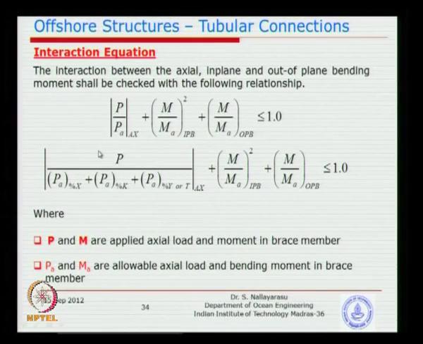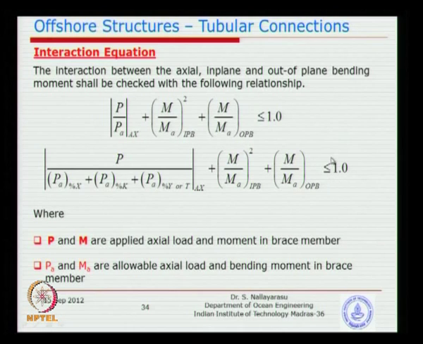One thing you can easily see from here is that the classification of joint only affects the capacity in the axial direction, whereas the moment capacity not so much, except some empirical formulas are different. Otherwise this formula is universally used for almost all types of joints, and you can find the unity check, and if the unity check is less than 1 then it is safe.